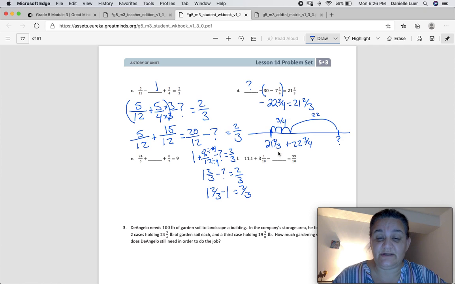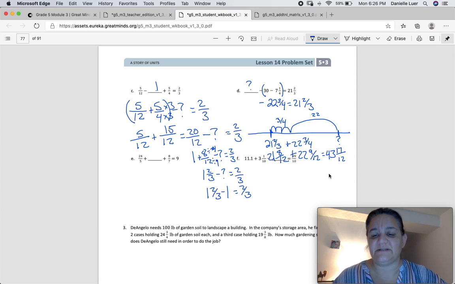So 2/3 would actually be 8/12, plus 21 8/12 plus 22. And if we're going to turn that into 12s, it would be 9/12, equals 43 17/12. Okay, but this is still an improper fraction, so let's make that 44 5/12.